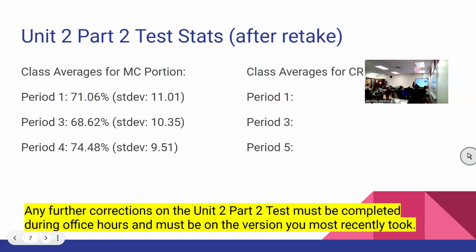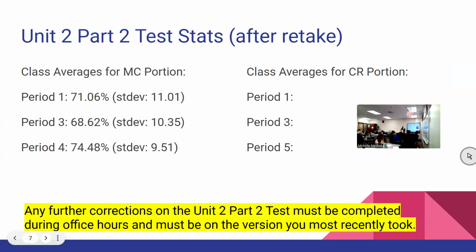I do like to update you on the stats for your tests after the retake. I don't have it for the constructive response yet, because I'm allowed a full 7 days to grade your work, so I'm going to take my time. But the online portion was already updated for everyone, so see how you did.